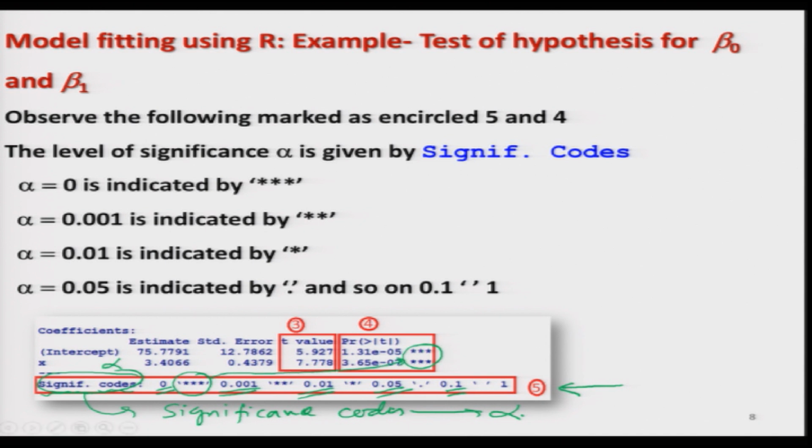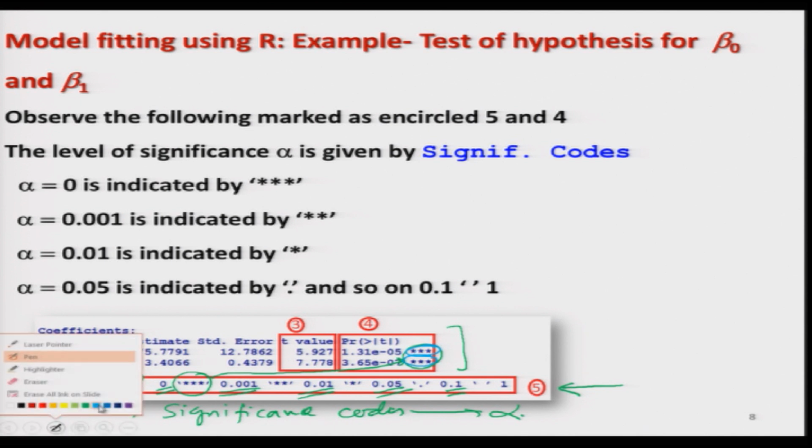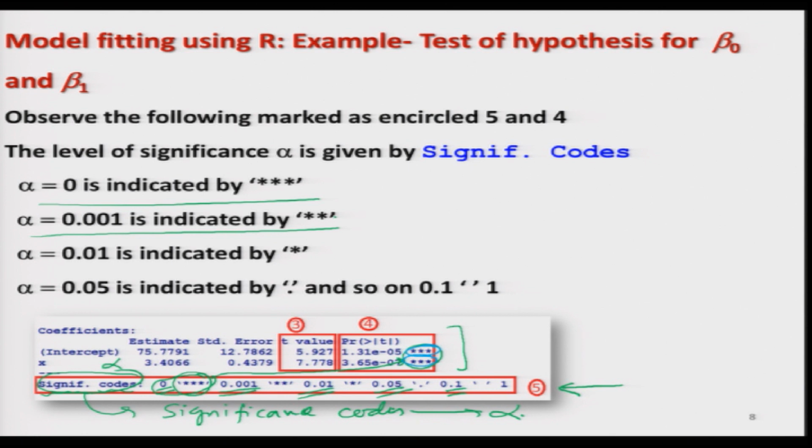And these stars are indicating the corresponding values over here. If you look at this outcome, I will try to make it in blue color, you can see 3 stars. So, 3 stars are indicating the level of significance being used here. Alpha equal to 0 is indicated by 3 stars, alpha equal to 0.001 is indicated by 2 stars, alpha equal to 0.01 is indicated by a single star, and alpha equal to 0.05 is indicated by just a dot and so on.